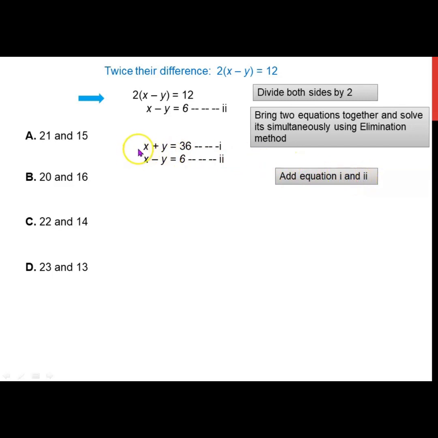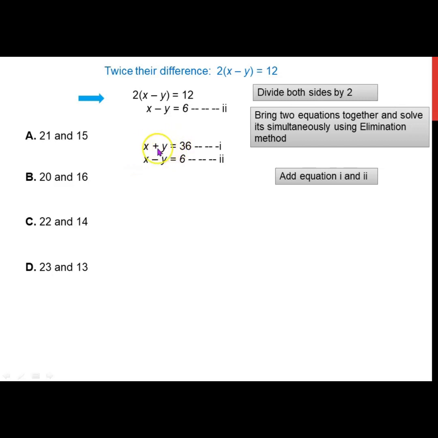What we mean by the elimination method is that we need to eliminate one of the two unknowns, either x or y, any one. If we add the two equations, then we are going to eliminate y.